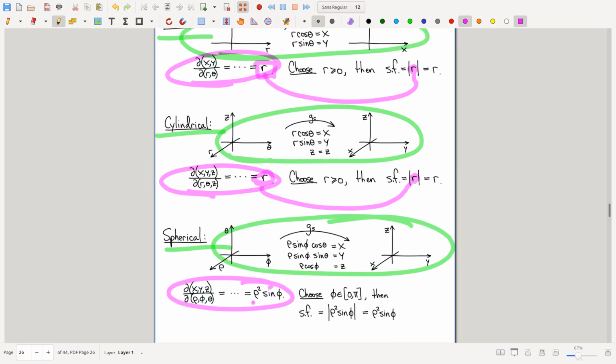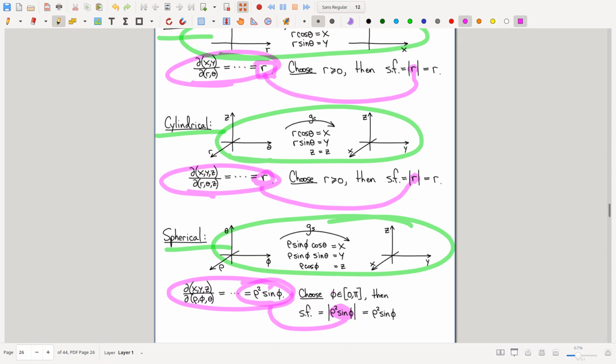This rho squared sine phi, a little bit different from the others. So there you go, and I encourage you to memorize these formulas, these Jacobian determinants for these change of variables functions coming from these alternative coordinate systems have these stretching factors, R and rho squared sine phi.